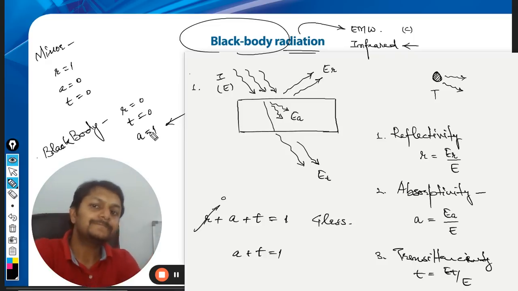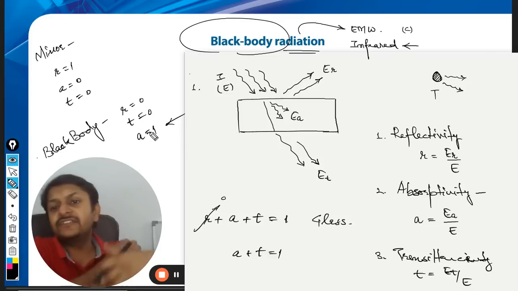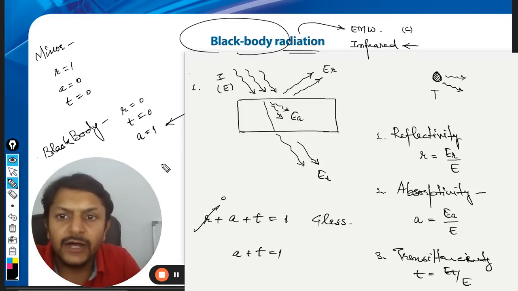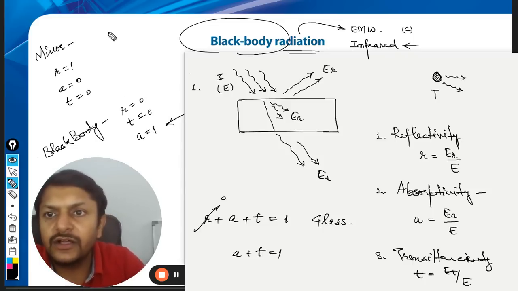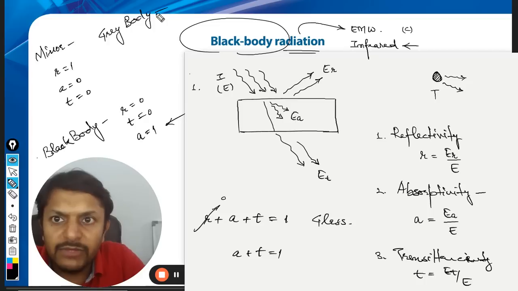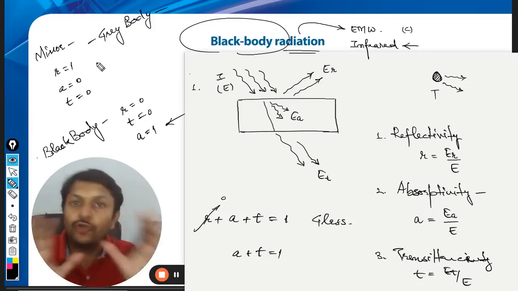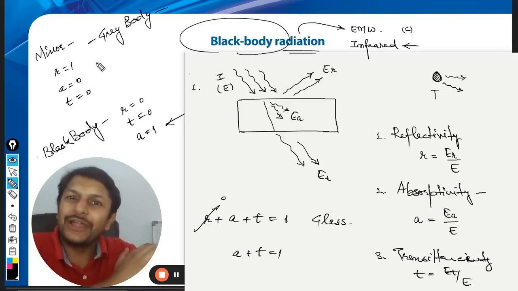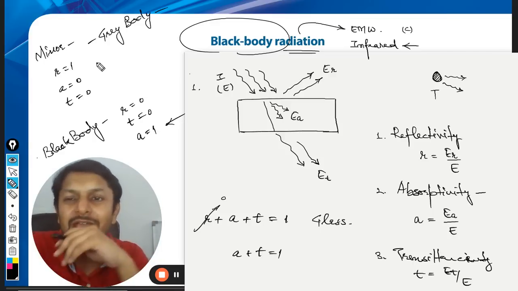Now what if it is not a black body? Let's say it is a gray body. There is no concept of a white body, by the way, so don't follow the black, gray, white sequence.